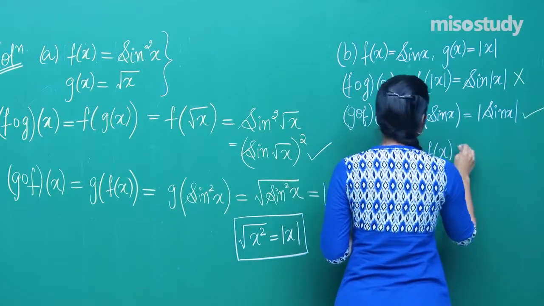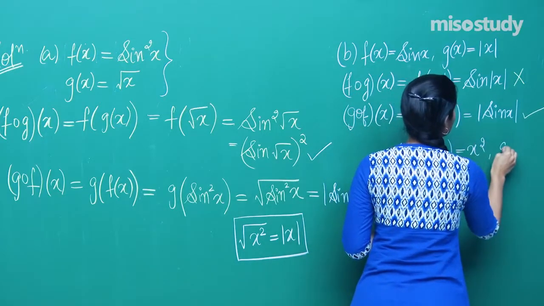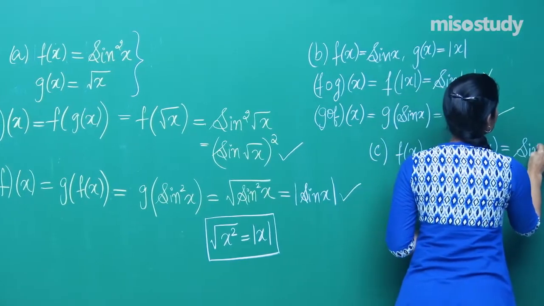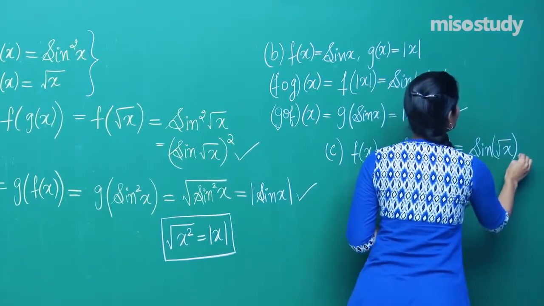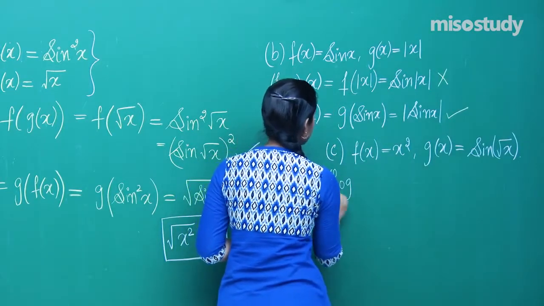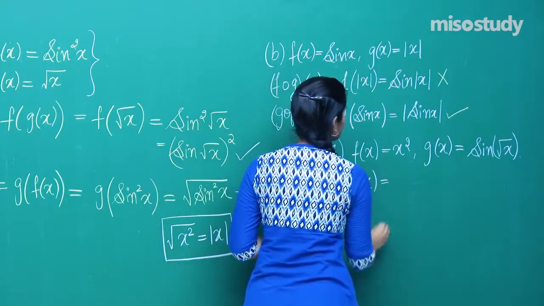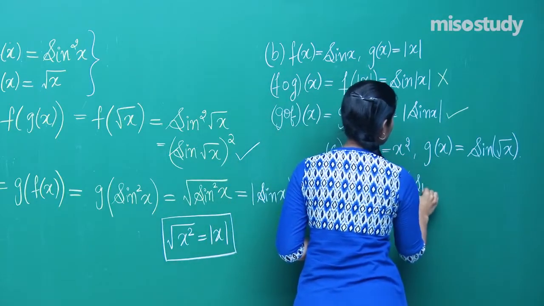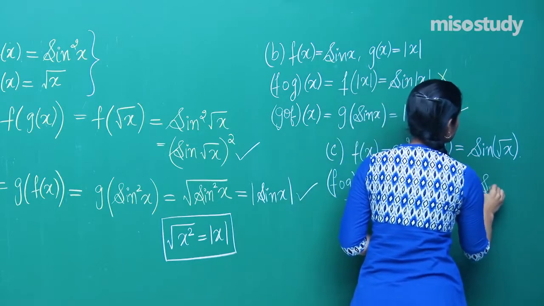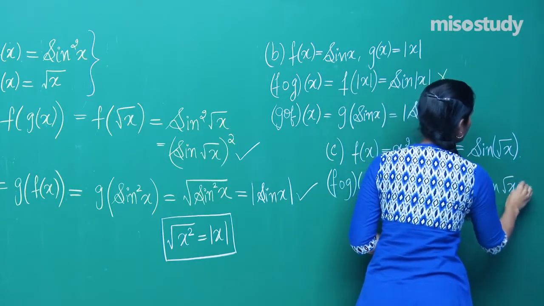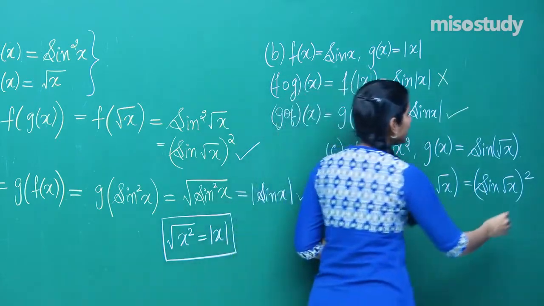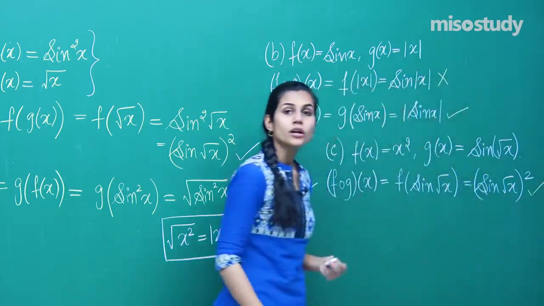F(x) is given to be x square and g(x) is sine of root x. In this case, FOG of x is f of sine of root x, which is sine of root x whole square, which is definitely the FOG that I want.